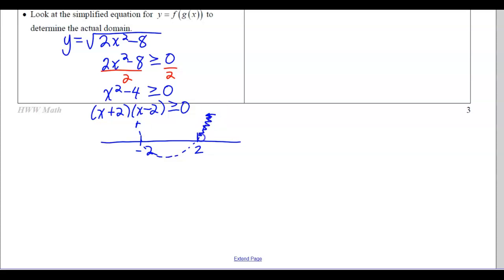So these values here, these parts of the graph. So where is that? That's for where x is less than or equal to -2 or x greater than or equal to 2. That's going to be your domain.